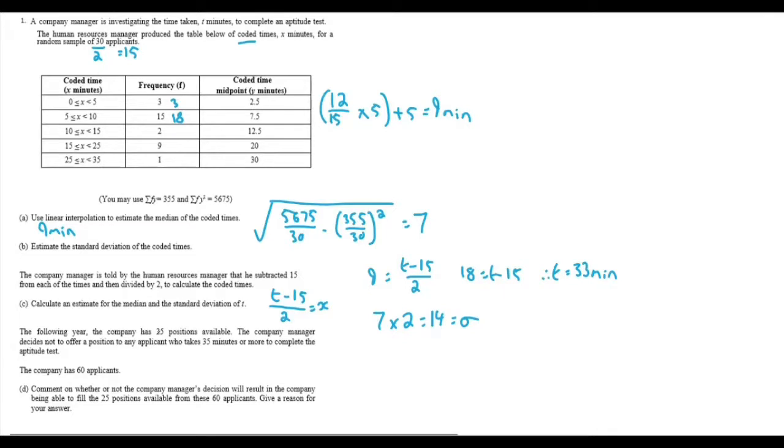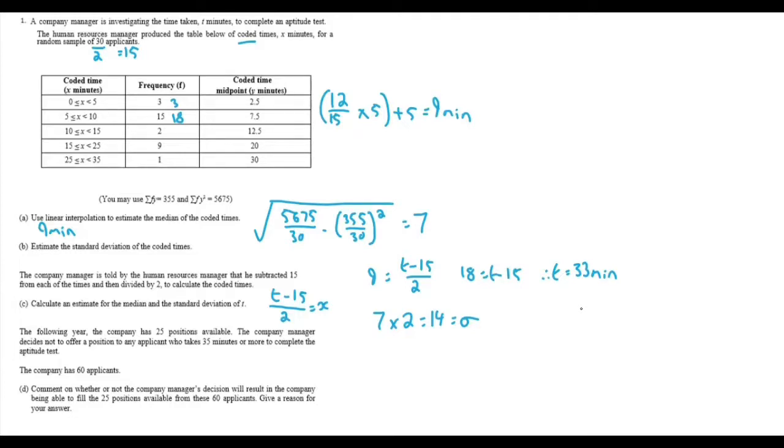This was the first 30, this is a brand new 60. Yes, we are going to assume that the averages stay the same, but we can't necessarily use these exact numbers. All we can really go on is that, on average, apparently 50% of the people complete the aptitude test in 33 minutes or less.